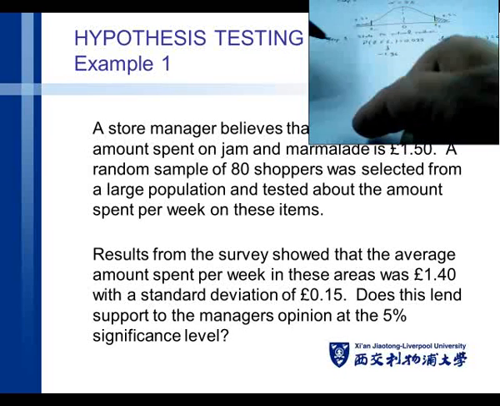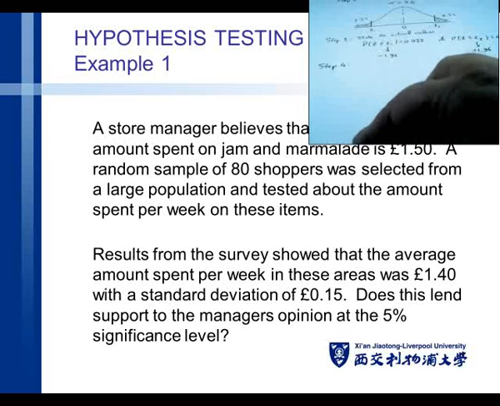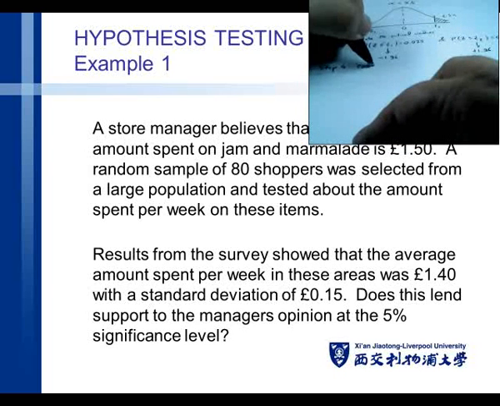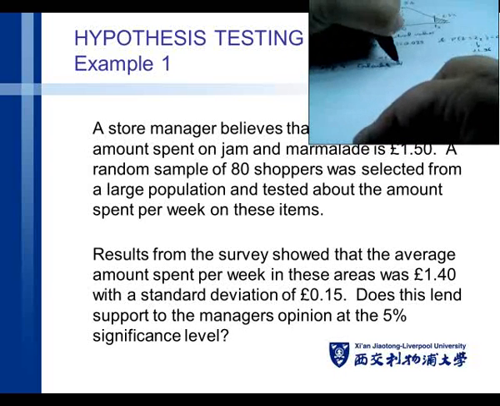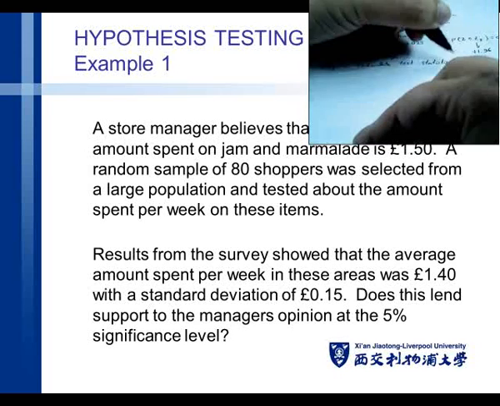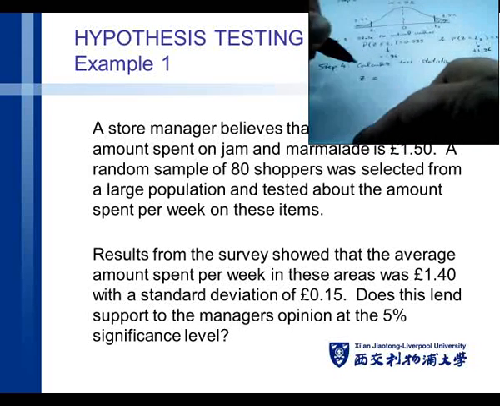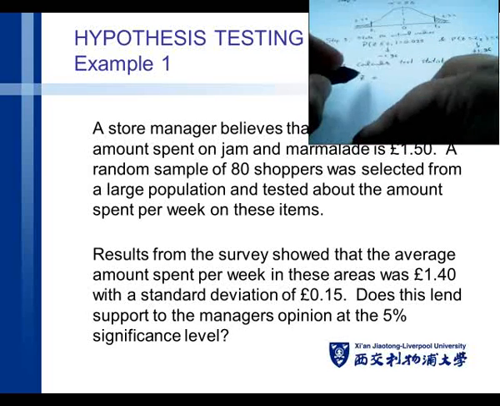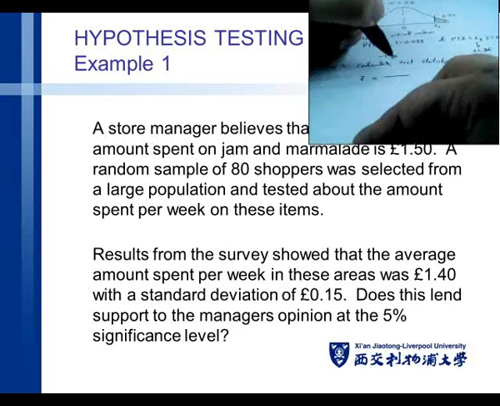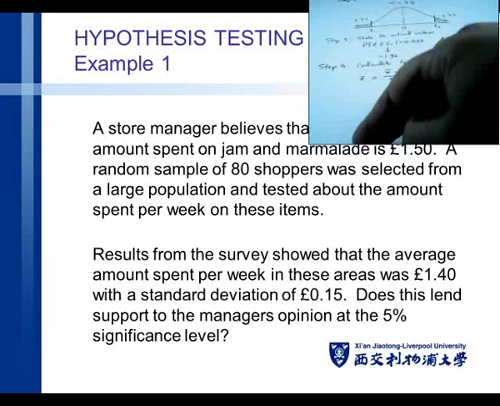So step 4 is basically calculate the test statistic. And that's basically, you'll get a z-score if you find x bar minus mu, the average, over sigma over square root of n.